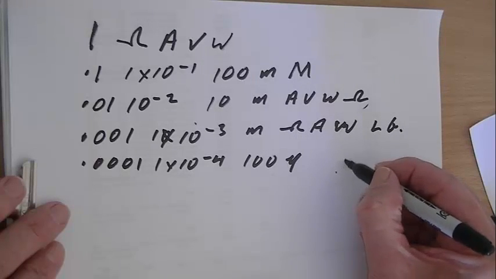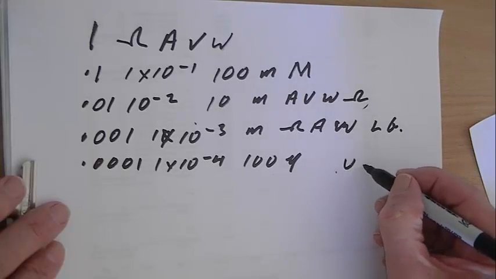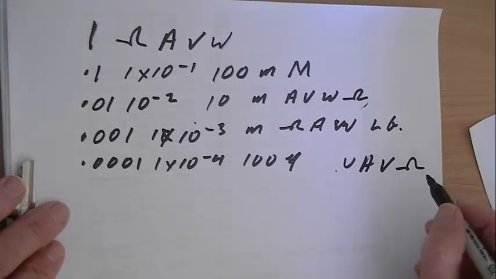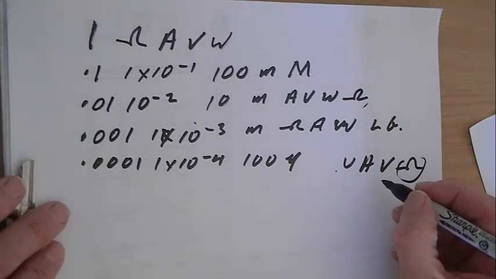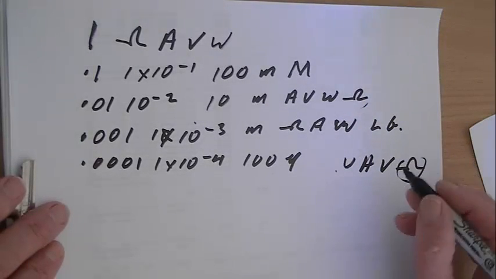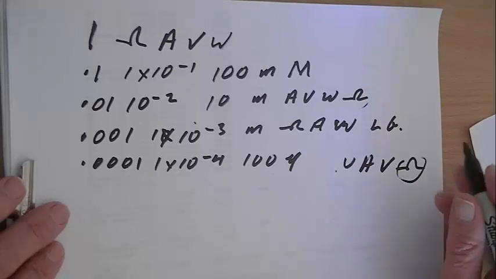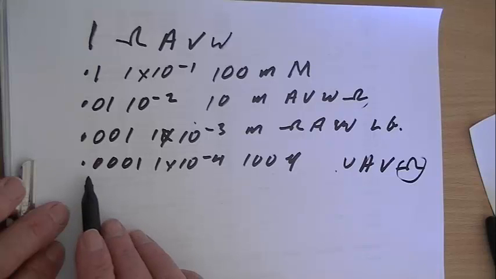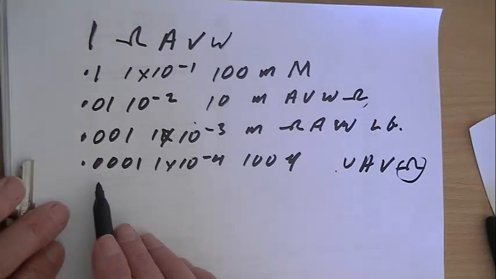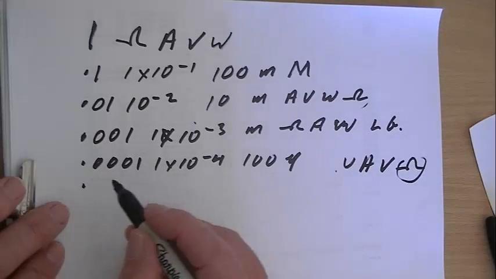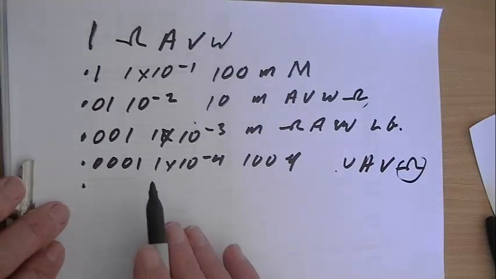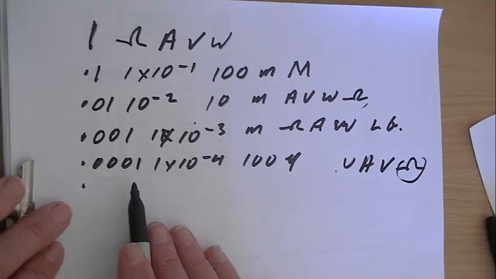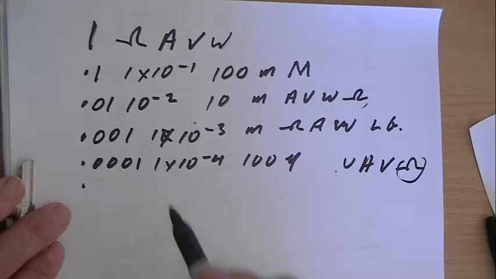Quite often you'll see it written as just a U: micro amps, microvolts, micro ohms. Microlitres, very commonly used in the scientific industry. But we rarely use that. We don't talk in 0.1 of a micro ohm. We talk in hundreds of micro ohms.